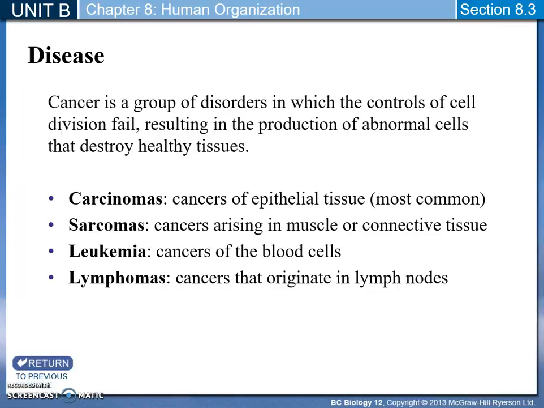A carcinoma is a cancer that arises from epithelial tissue. A sarcoma is a type of cancer that arises in muscle or connective tissue. A leukemia is a cancer of the blood cells, and a lymphoma is a cancer that originates in lymph nodes.